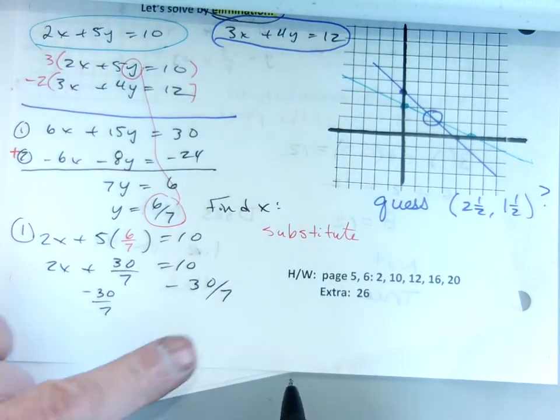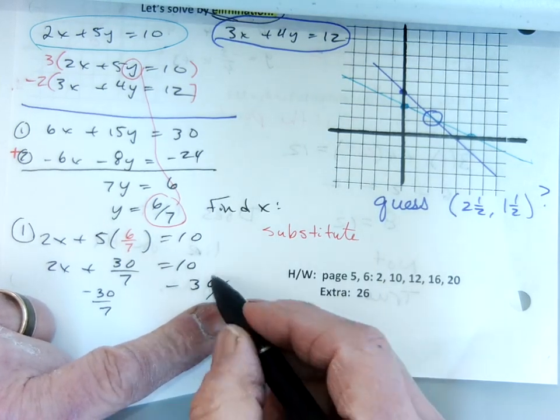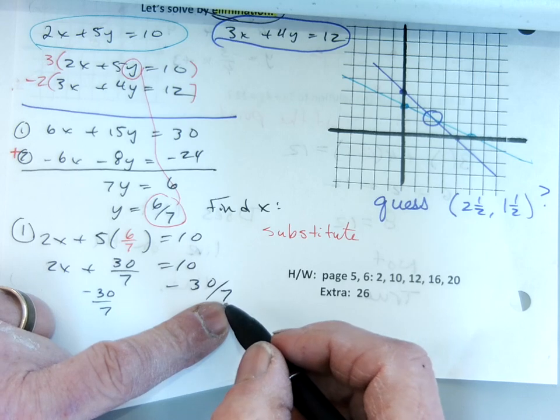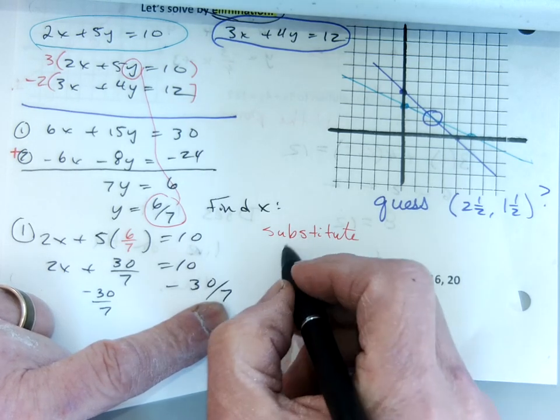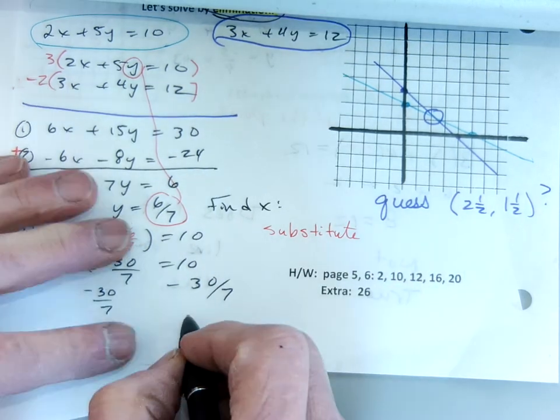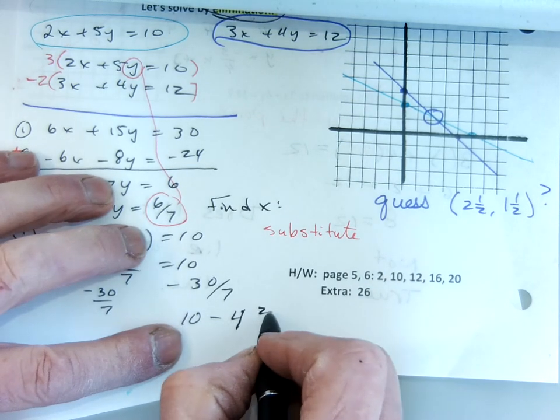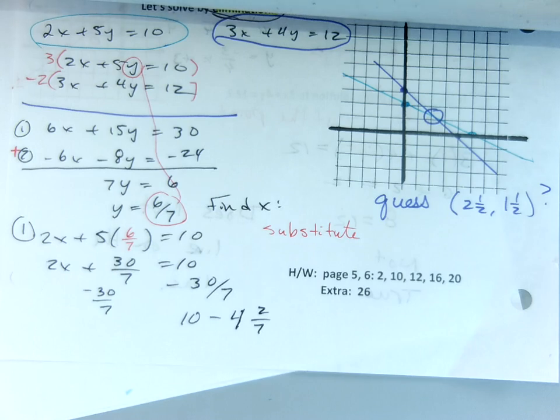Okay. 7 goes into 30 how many times? 4, okay, so 7 goes into 30 like 4 with 2 left over, right? So really, in a sense, you've got 10 minus 4 and 2/7, right? So what is 10 minus 4 and 2/7?